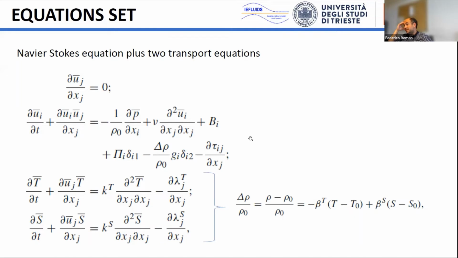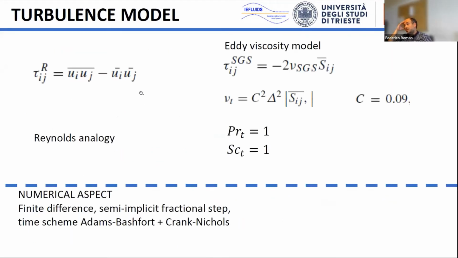Concerning the type of large eddy simulation that we are using, for the closure of the system in terms of turbulence closure, we are using a classical eddy viscosity model that is based on the equilibrium assumption.